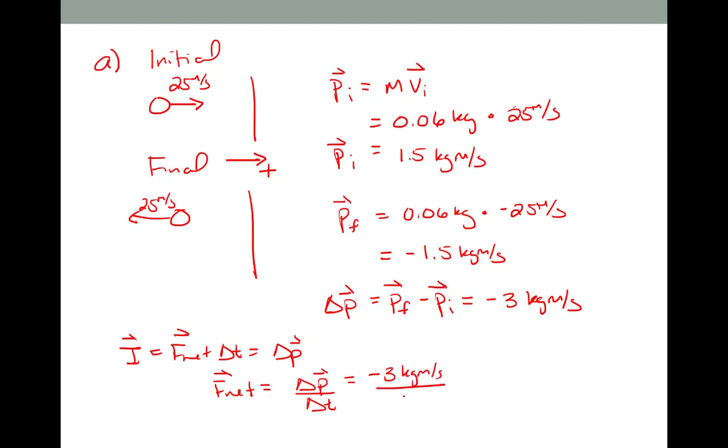The time interval was given as 1 millisecond, or 1 times 10 to the minus 3 seconds. And when you divide that out, you get negative 3,000 newtons. That is part A.